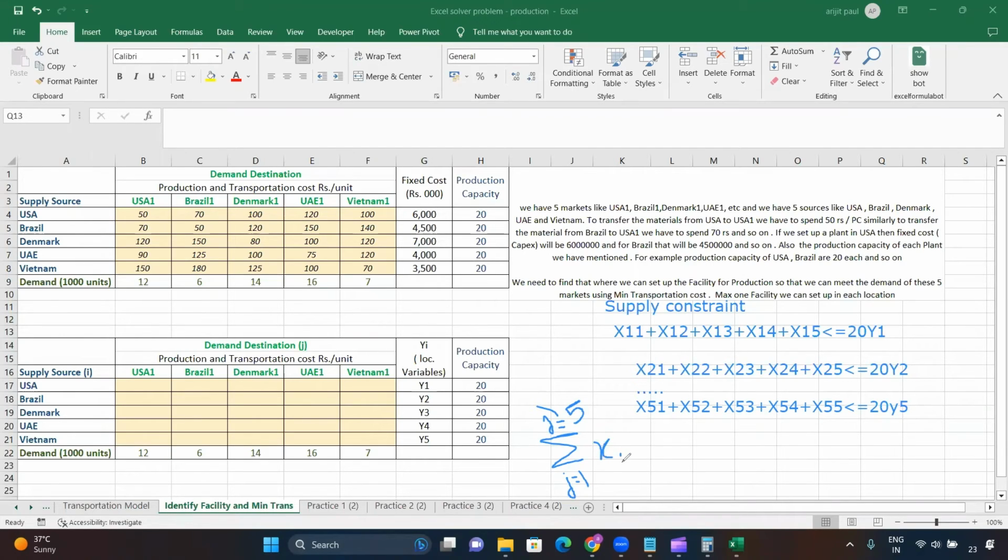Xij means the quantity that we are going to transport from source to destination, and it should be less than or equal to how much? Xi times yi. Now what is Xi?